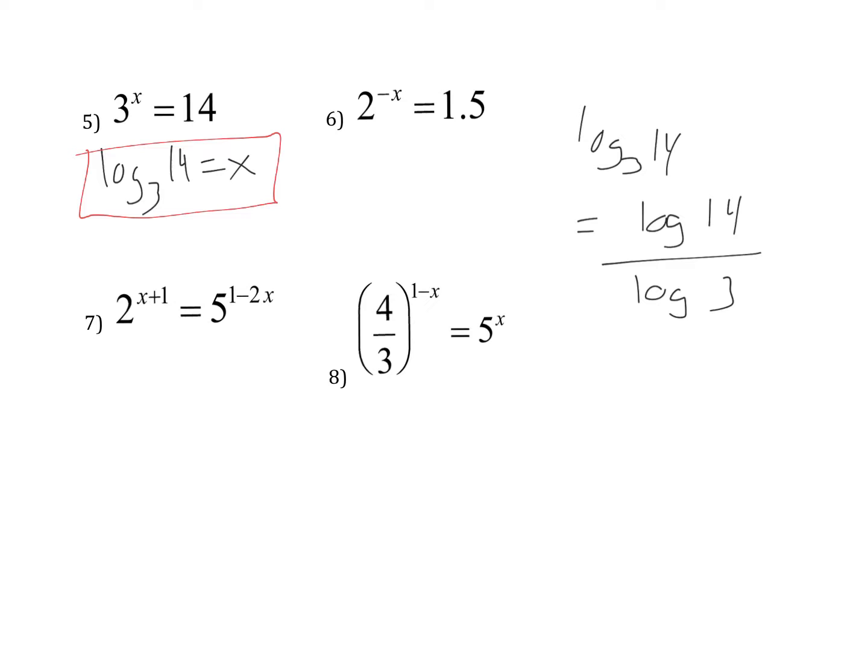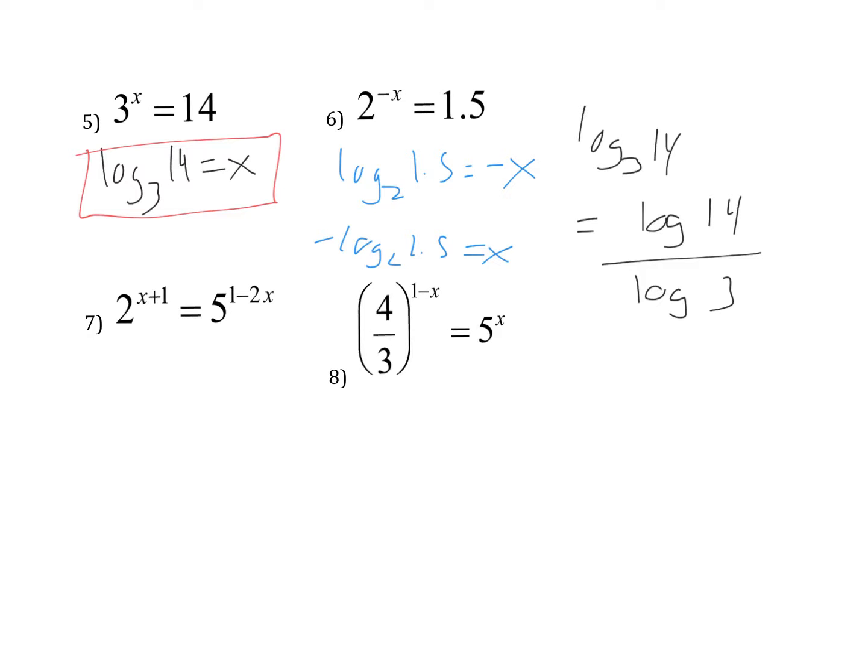Number 6 starts the same. I've just got the one exponential on one side, so I just need to rewrite this as a logarithm. Log base 2 of 1.5 is equal to negative x, and then divide by negative 1, negative log base 2 of 1.5 equals x.